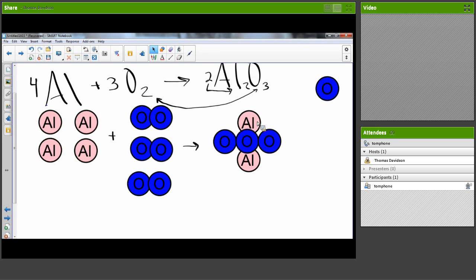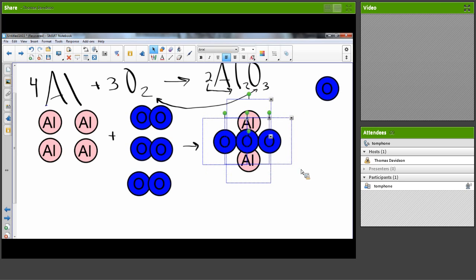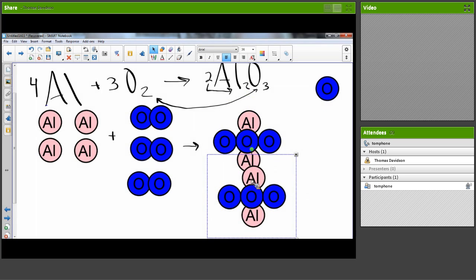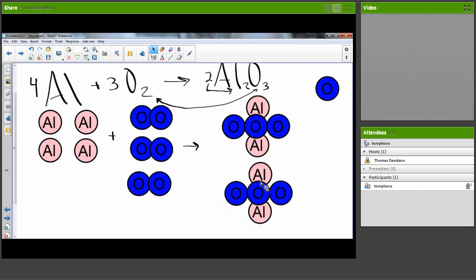Are you okay with that picture of that being Al2O3? Okay. Al2O3. Now, I'm not done yet because there's 2 of them. So I'm just going to cheat. And then I would be done.